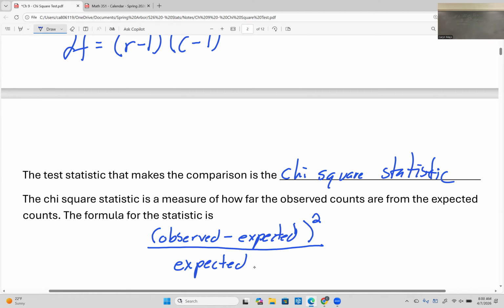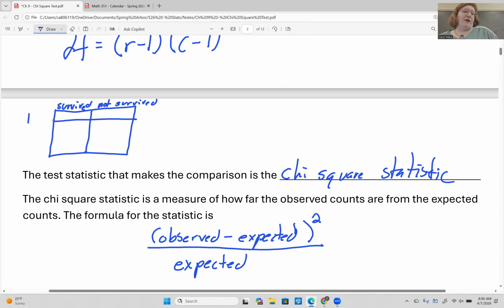And each one of the cells in our two-way table, so I keep using the Titanic example, but just to remind ourselves, the two-way table had a column variable. In our Titanic example, I think it was survived or didn't survive.